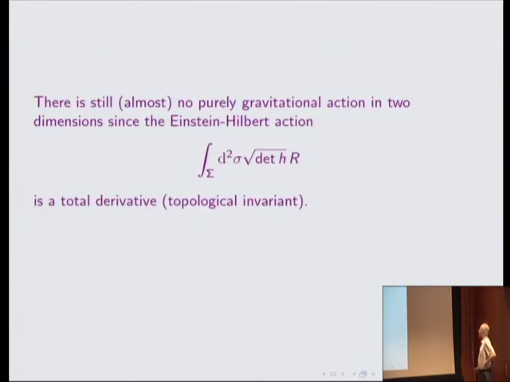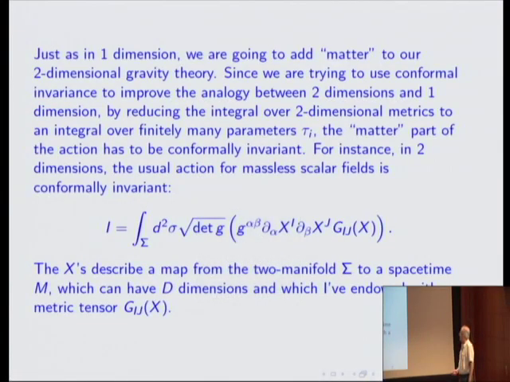There is still almost no purely gravitational action because the Einstein-Hilbert action naively is a total derivative. A better statement is it's a topological invariant. But anyway, for each string worldsheet, it's just a constant, which doesn't affect the quantization very much. So the action is basically just the action describing the motion of the string in space-time.